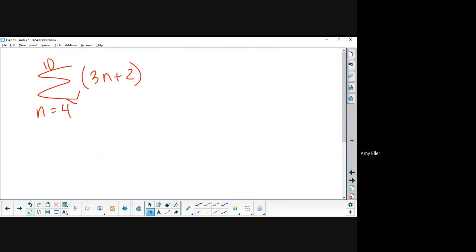Because this doesn't start at 1, we might go through and do it by hand again, which is not the way you would normally do it. But let's do it for this one. So plug in 4, 5, 6, 7, 8, 9, and 10, and then add them up.